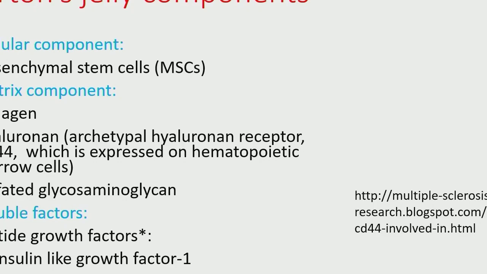And a lot of these, if you look at them, collagen, hyaluronic acid, sulfated glycosaminoglycans, these actually are present in the bone and bone marrow environment. In addition, it has soluble factors, including peptide growth factors like insulin-like growth factor and platelet-derived growth factors.